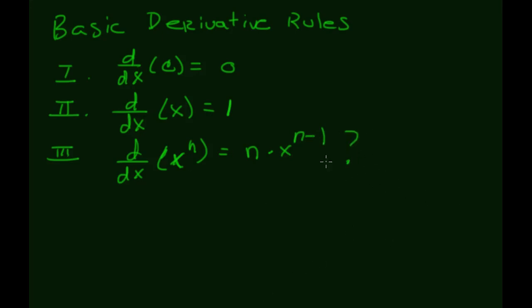Let's look at how this plays out with our definition of the derivative. Let's look at something pretty simple. Let f of x be equal to x squared. According to our derivative rule, the derivative of f at some point x with respect to x should be equal to, well, we bring the 2 down in front, which gives me 2x to the first.